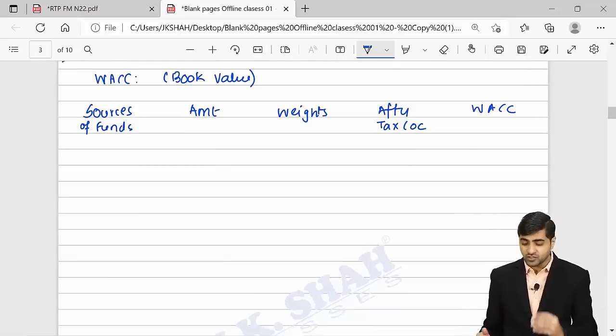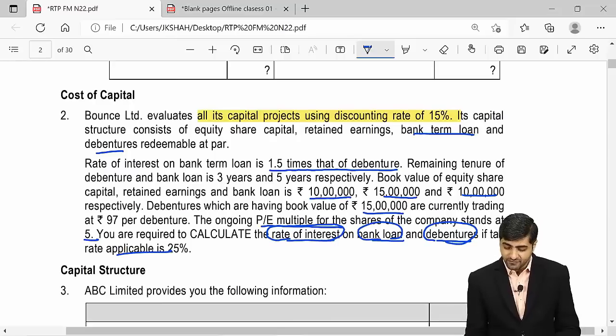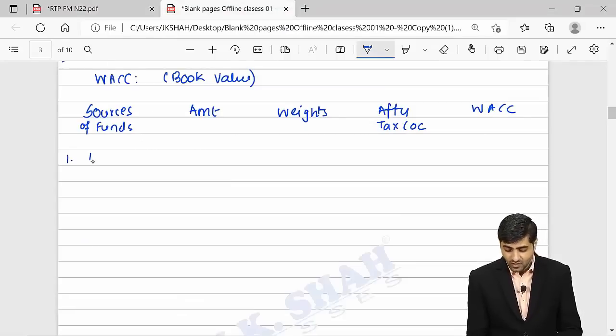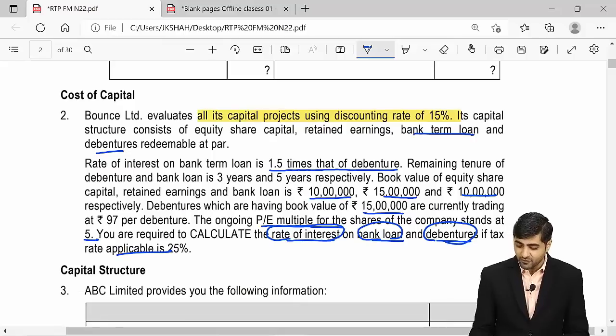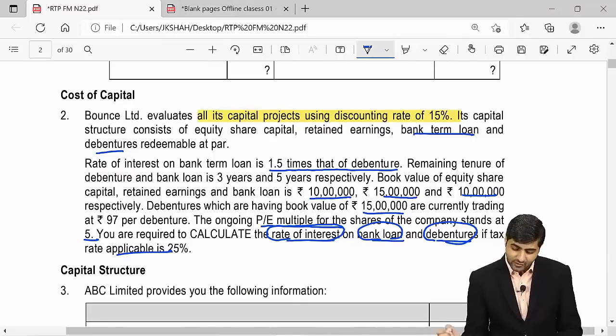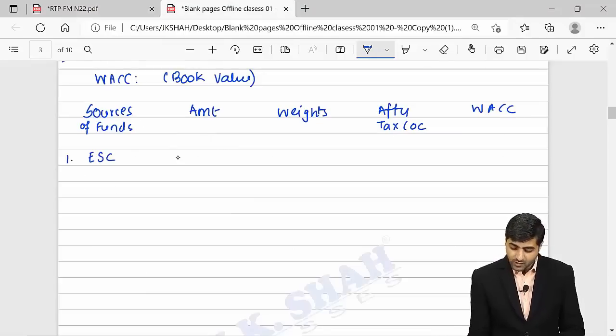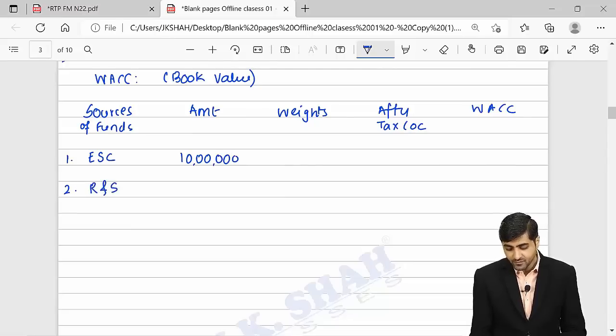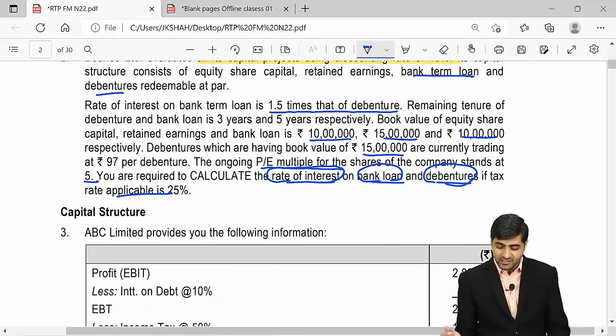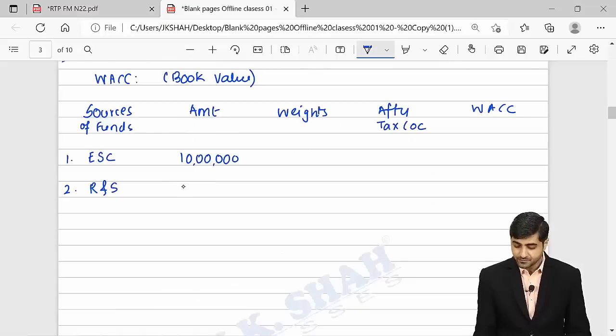We have 4 sources in which we have equity share capital, and the amount available for the same is 10 lakh rupees. Then we also have reserves and surplus, and the amount available for the same is 15 lakhs.